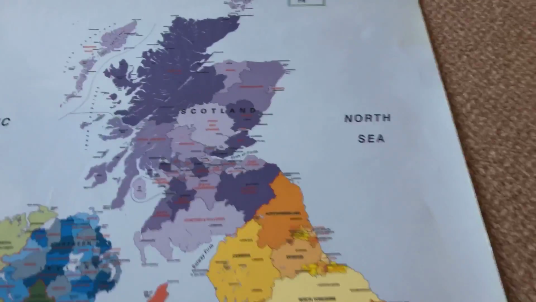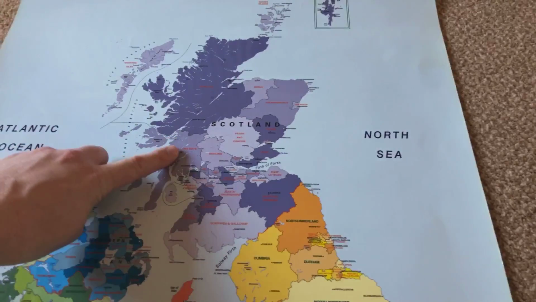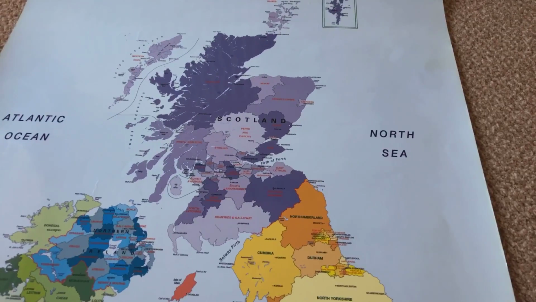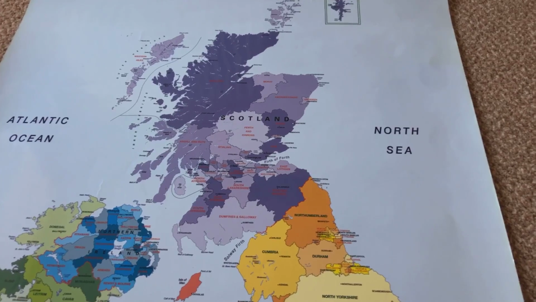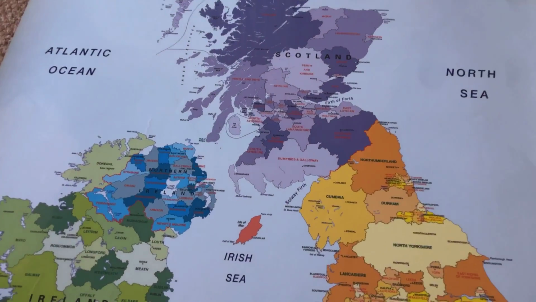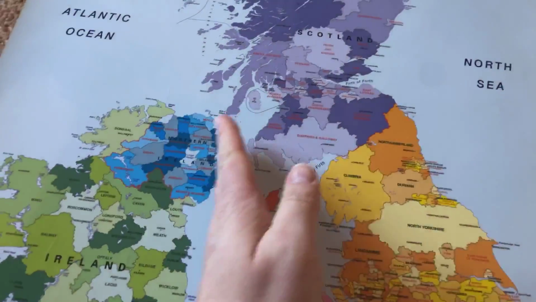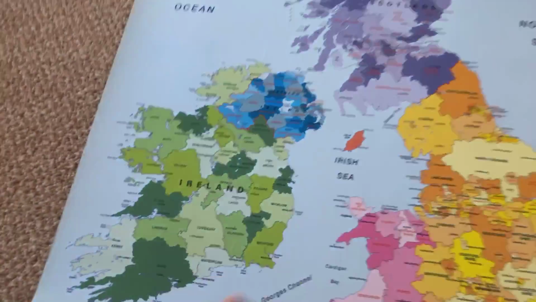Now, Scotland is one of our nations of the United Kingdom, and that's at the very north of the country. Now, the other country we talked about was to do with St Patrick's Day, and we focused on Northern Ireland, which is across the Irish Sea here, and is at the top over here.